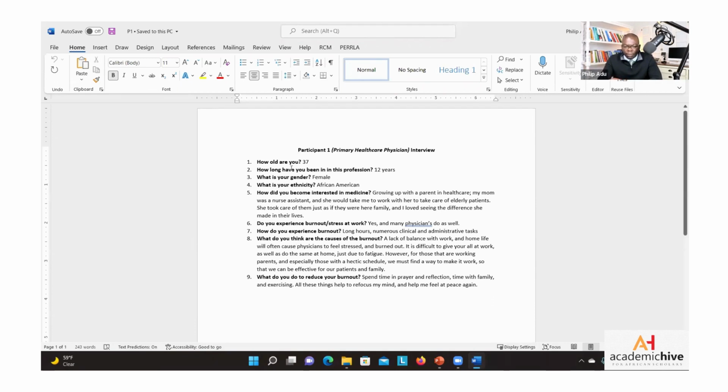So you see how I've cleaned my data. I don't have participant names. I don't have the hospital or the clinic. I just have their age, their years of experience, and gender. So for this information, you cannot say that you know the person. There's no way. So you see how I've made a cautious effort to protect my participants.